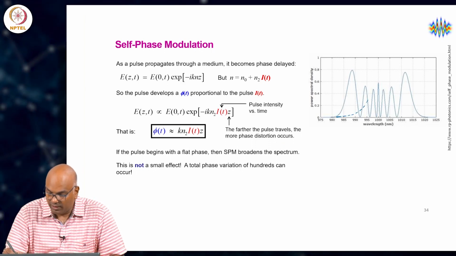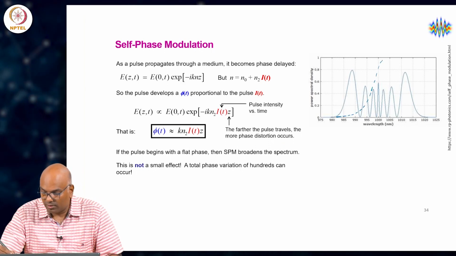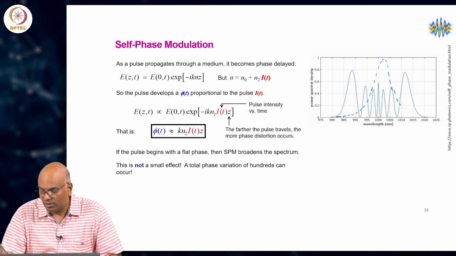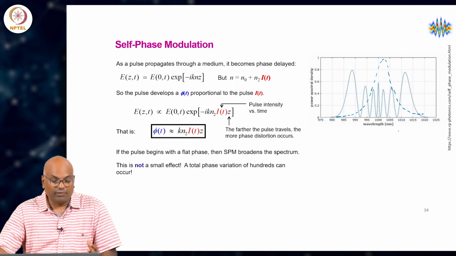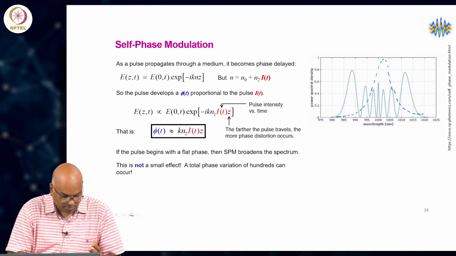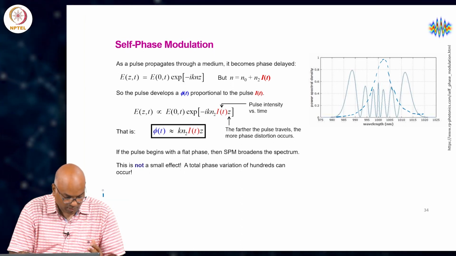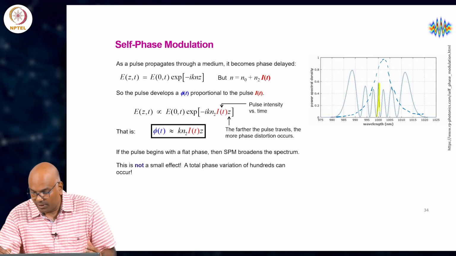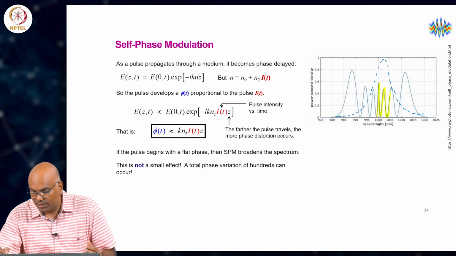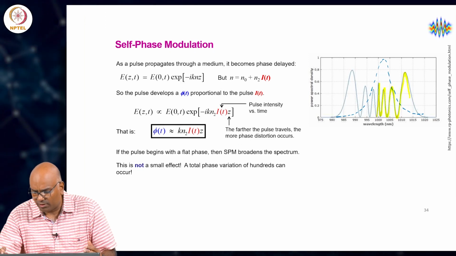So, if the initial spectral content of the pulse was a single Gaussian lobe, after passing through the medium, self phase modulation leads to new frequencies being generated and the frequency spectrum having a fringe like structure.